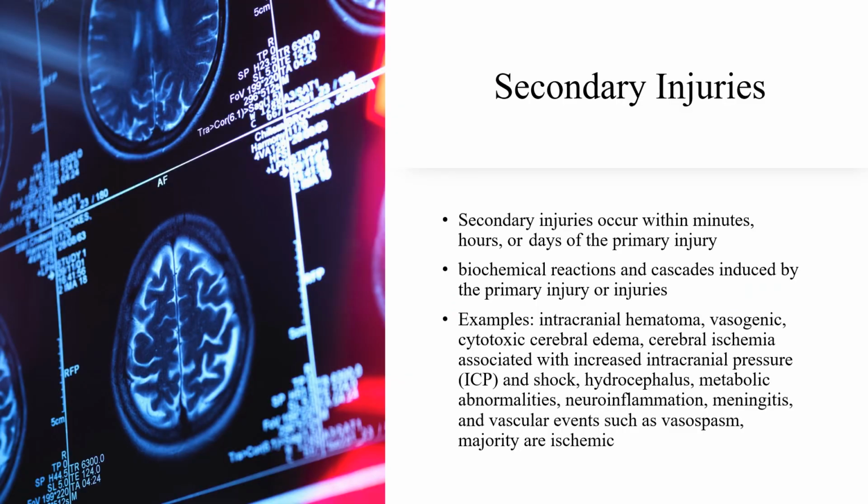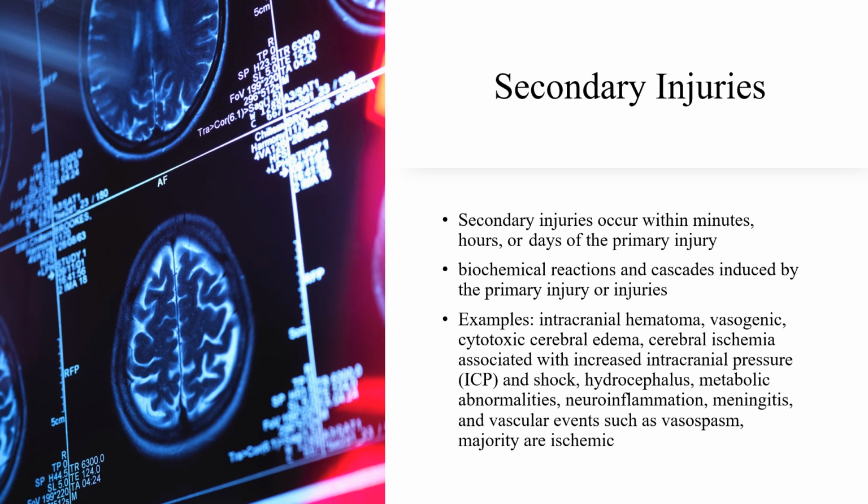All right, now we're going to talk about the secondary injuries that occur from the primary injuries. And as I said earlier, those can occur within minutes, hours, or days after the primary injury. I'm not going to talk about the biochemical reactions because the video you need to watch talks about that and gives good examples.